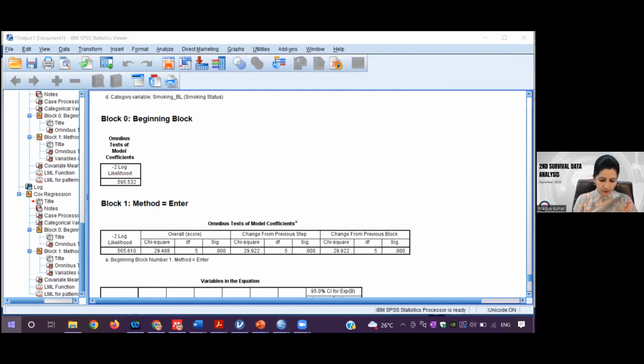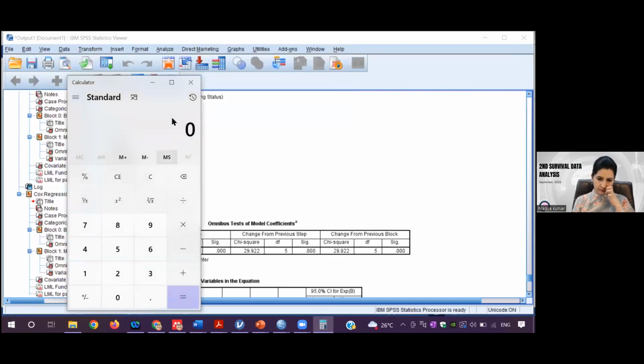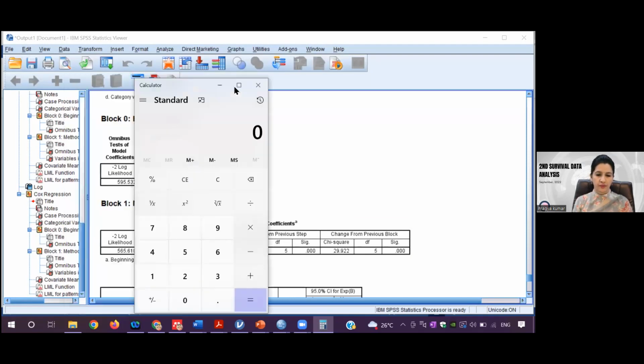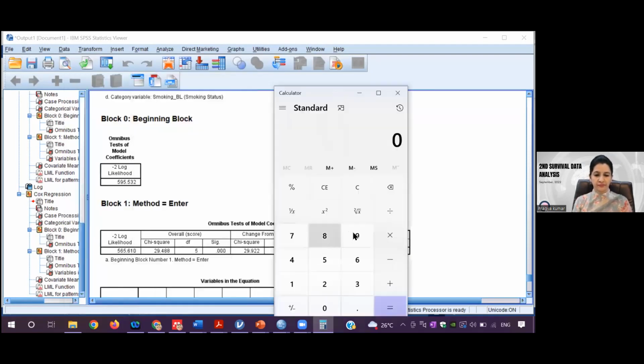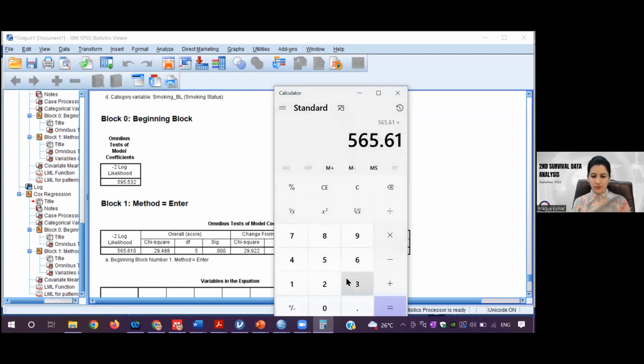So 565, 595.1, plus 29.48. So it is approximately the same value. Some difference is there because if you take many points up to decimal, but it is 595.